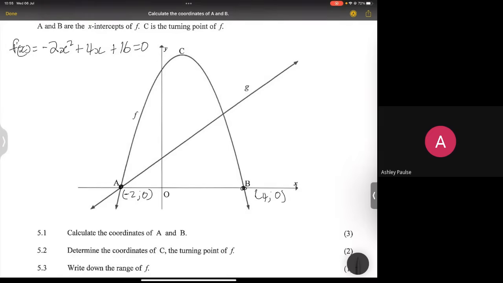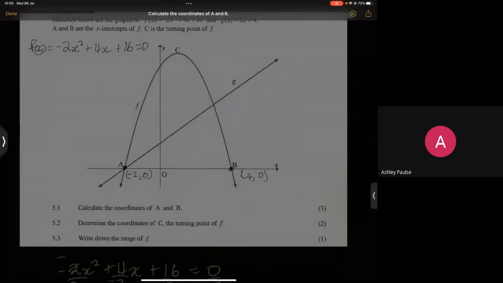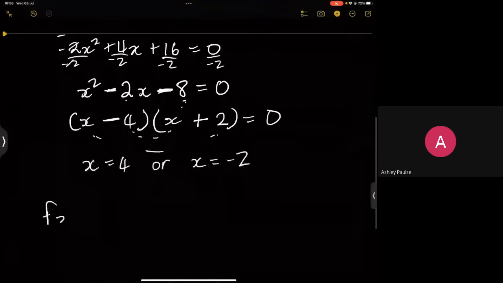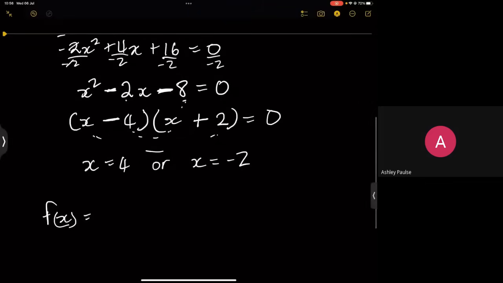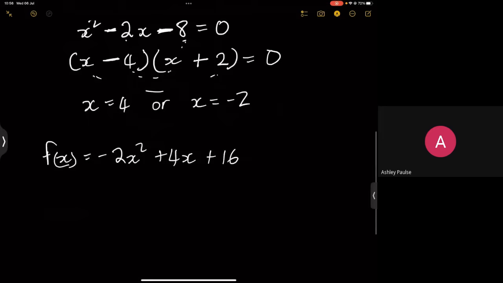How do we get the turning point? Remember, we take the original equation. We said that's minus 2x squared plus 4x plus 16, right? To get the x value of our turning point, what do we say? Minus b over 2a, right? Now I'm going to show you something else, another way of getting the x value of the turning point.